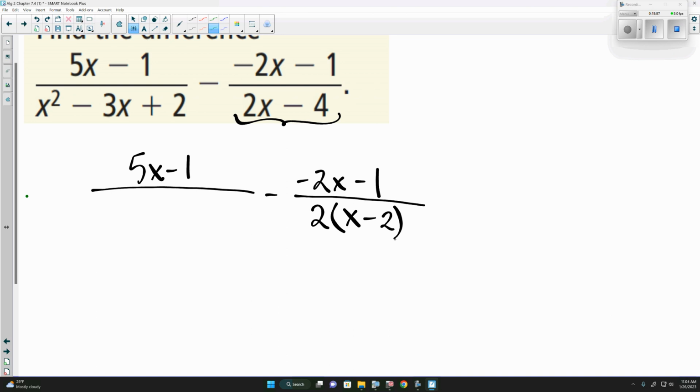On the other side, we need to factor the x squared minus 3x plus 2. Since the 2 is positive, our signs are the same and they match the sign of the middle term, which is negative. So we have negative and negative. Factors of x squared are x and x. And the factors of 2 are 1 and 2.